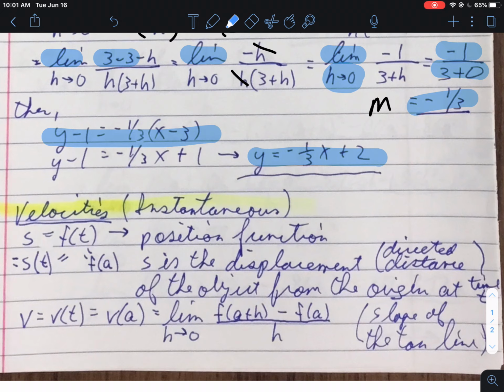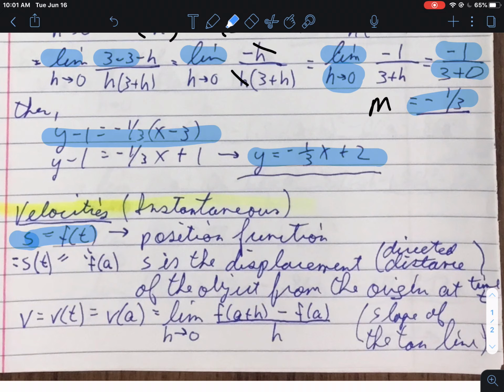So, a bit of notation and terminology. For position functions, it's tradition to use the letter s, because s represents position. But you don't have to use s; you can use our function f. Typically, our variable when we're dealing with velocity is t, because t represents time.